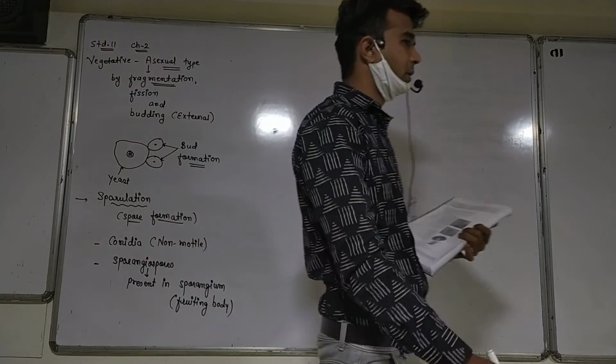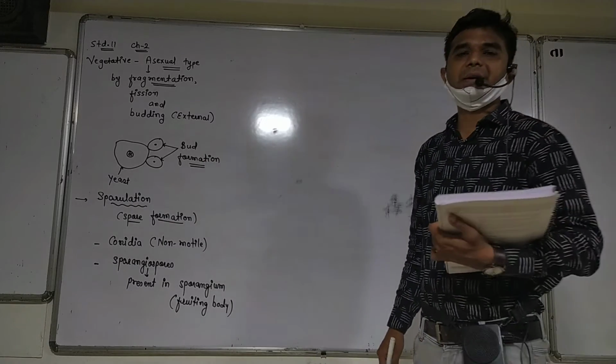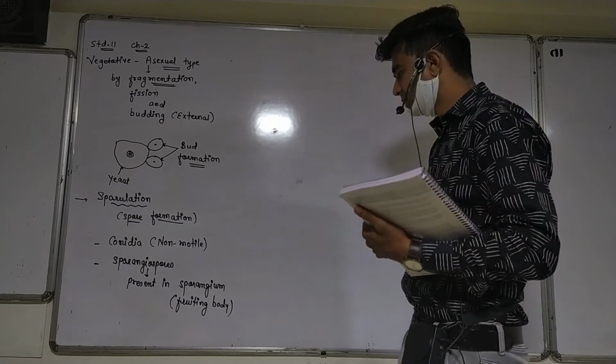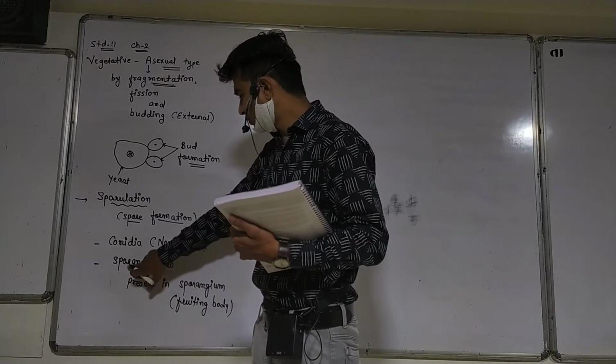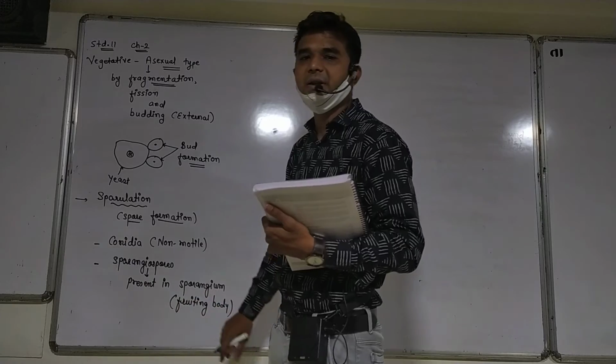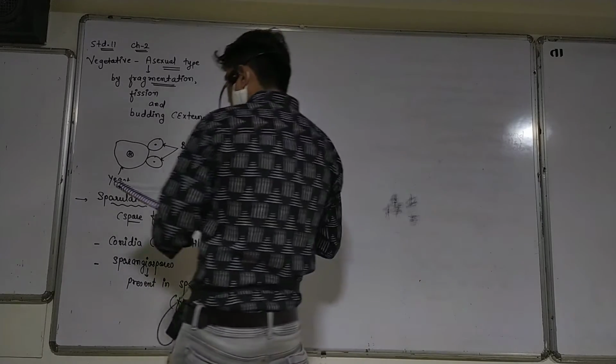Some part of the fungi produces the fruiting bodies, and that is known as sporangium. So sporangiospores are present in particular fruiting bodies.